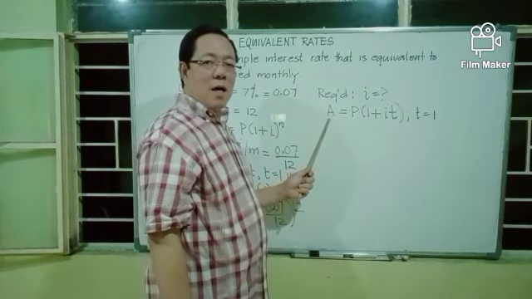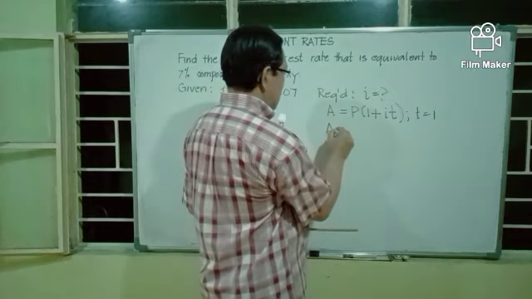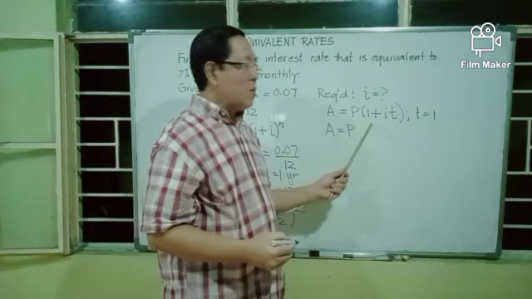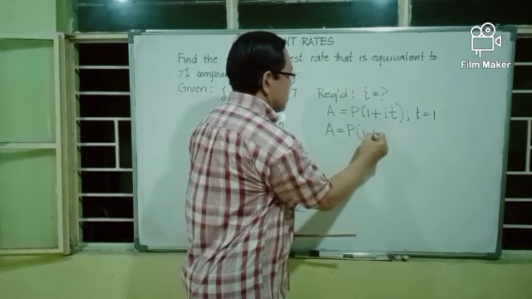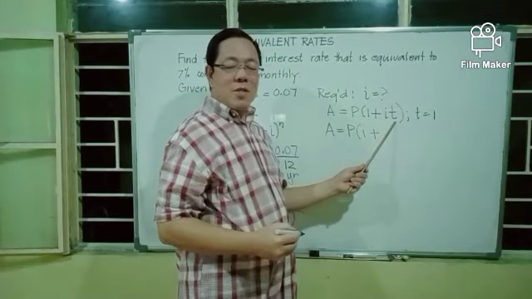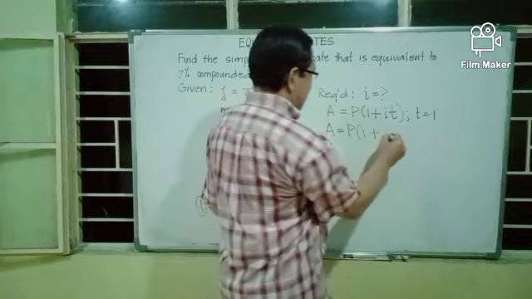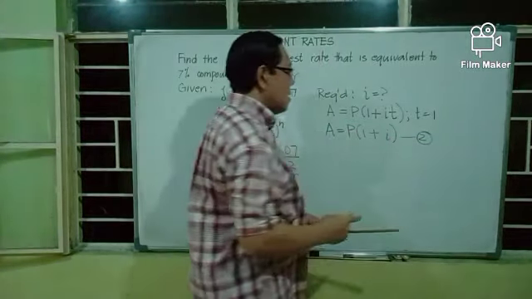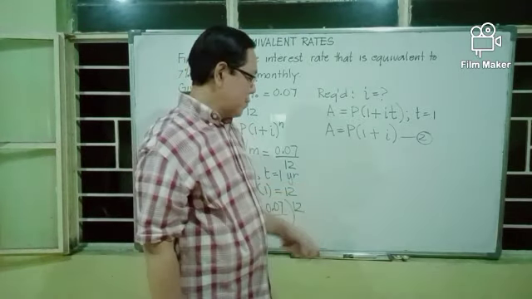And we would get A equals P multiplied by quantity 1 plus i, and T is 1; i multiplied by 1 is i. We call this equation 2.